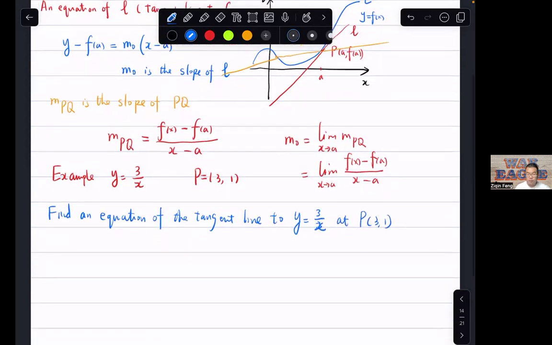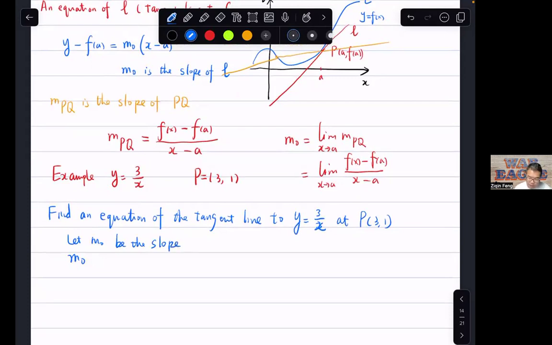Basically all you need to do is figure out the slope. So let m0 be the slope.